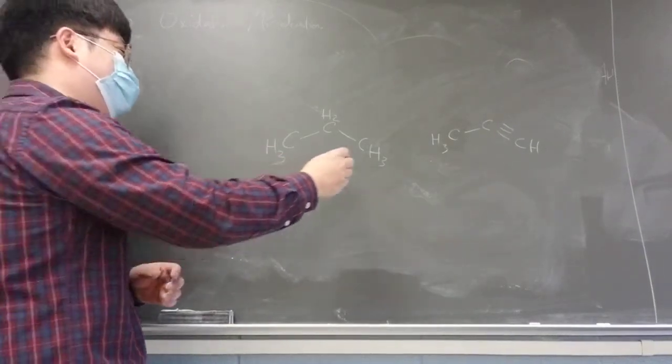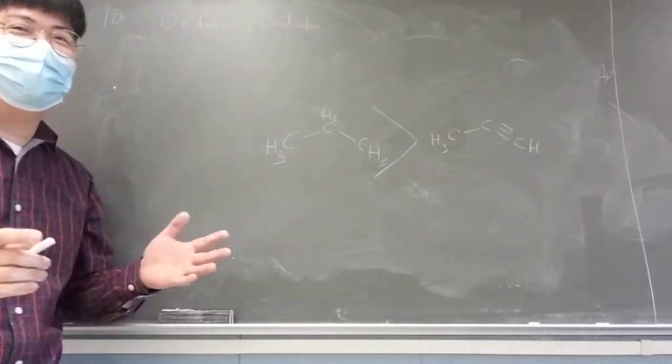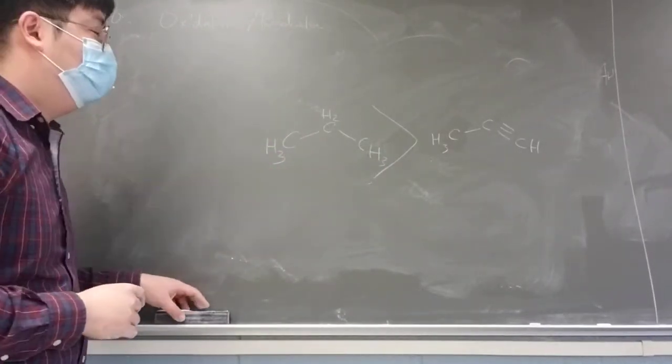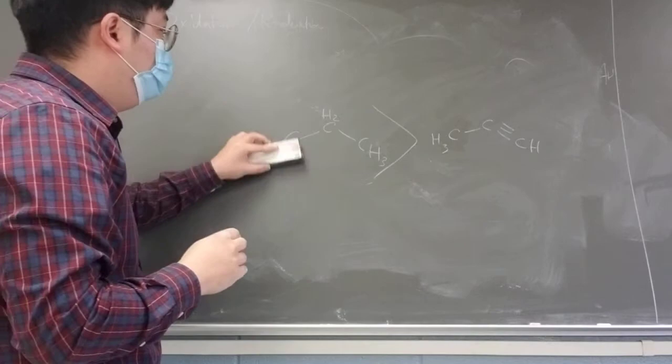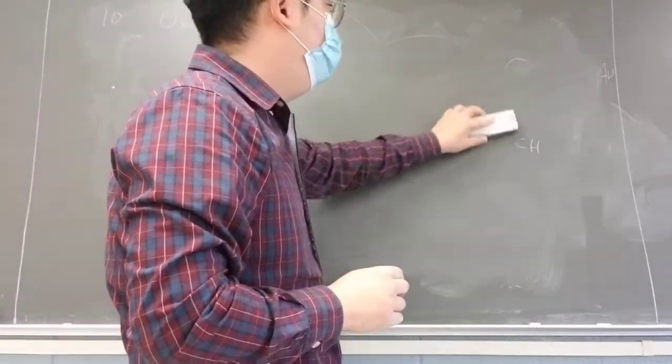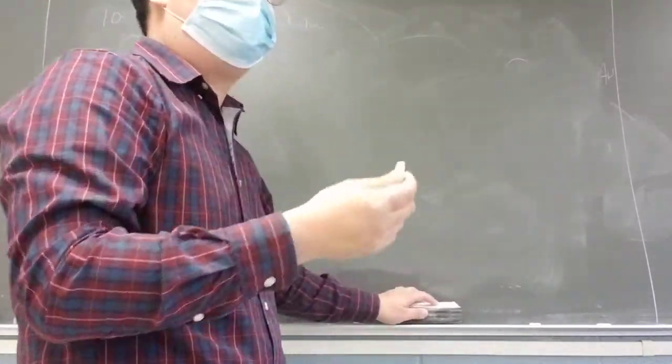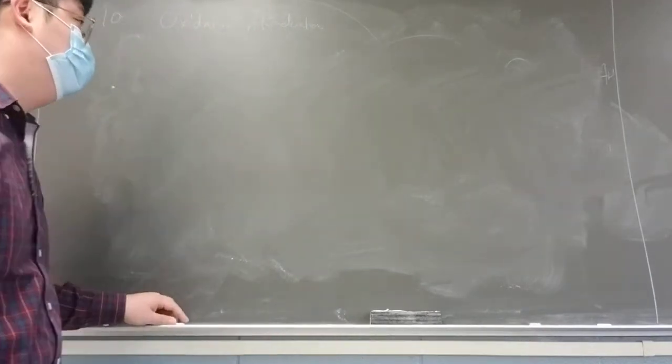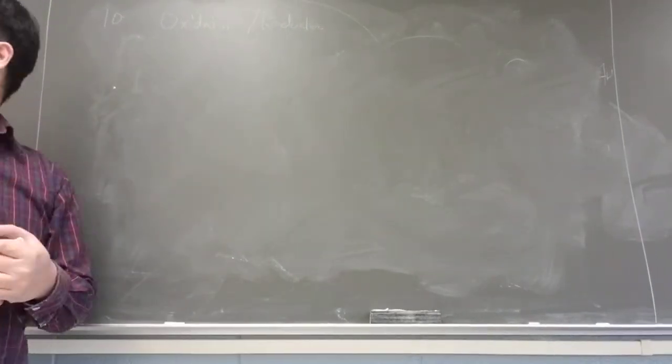Either, yeah, perfect. There you go. That's it, really. Just try to count the number of hydrogens and see if there's any oxygen or other electronegative elements, but that's pretty much it.